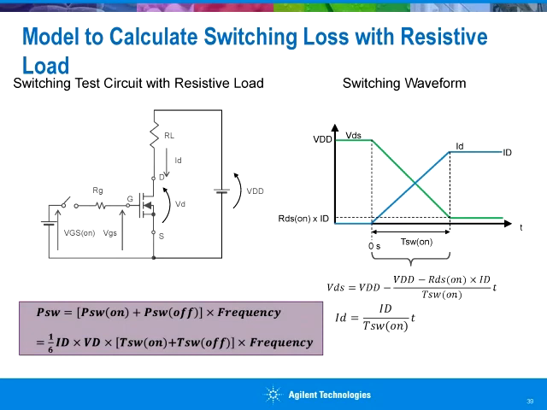But the switching time is estimated by the same methodology. So we can estimate turn on and turn off switching time from the measured QZ curve. Then we can estimate the driving loss of the switching circuit with resistive load.